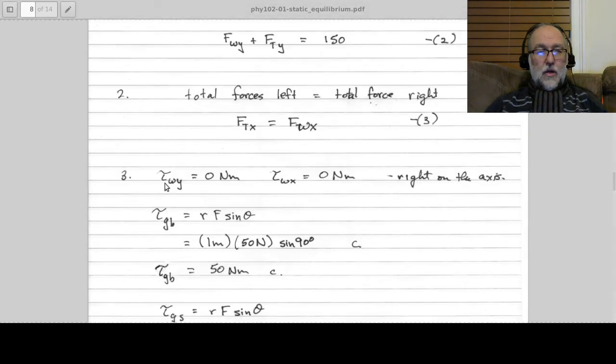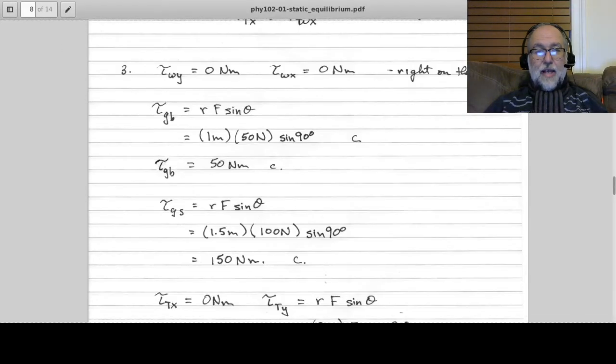Over here, this is the torque at the wall. Both the y and the x component are both 0, again because those forces are acting right at the axis. If you're acting at the axis, 0 torque. What about the torque due to the force of gravity on the bar? Well, it's R F sine theta, and R is 1 meter, that's the middle of the bar.